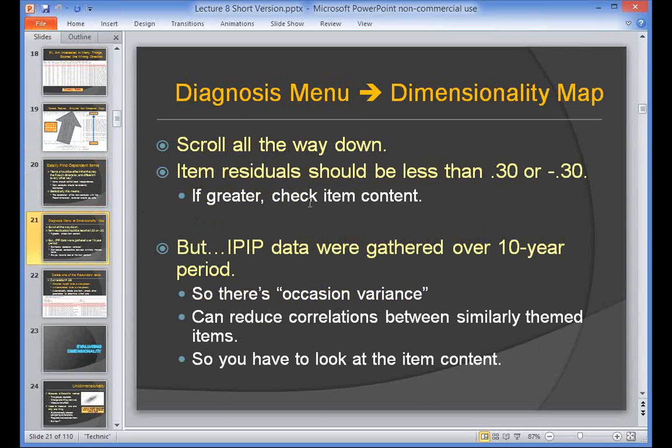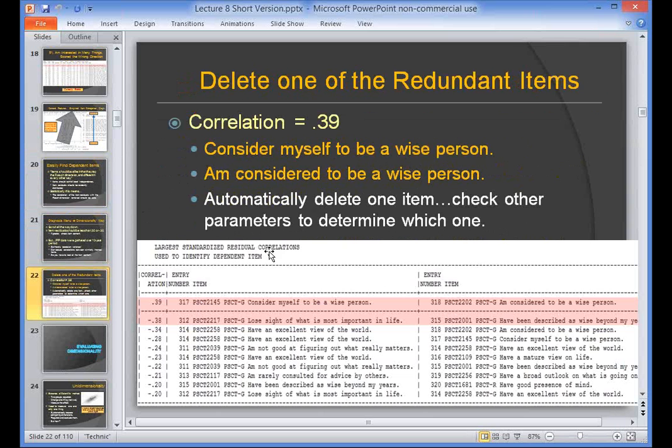But you have to be aware of the fact that right now you're analyzing the IP data, and the data were gathered over the last 10 years, so they were actually gathered over different occasions. Okay? So in this particular example, you find 2 items here: consider myself to be a wise person and am considered to be a wise person. Those 2 items are correlated 0.39.